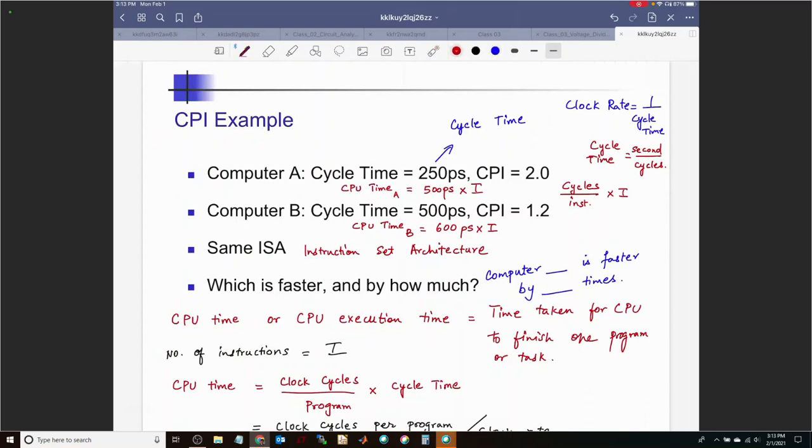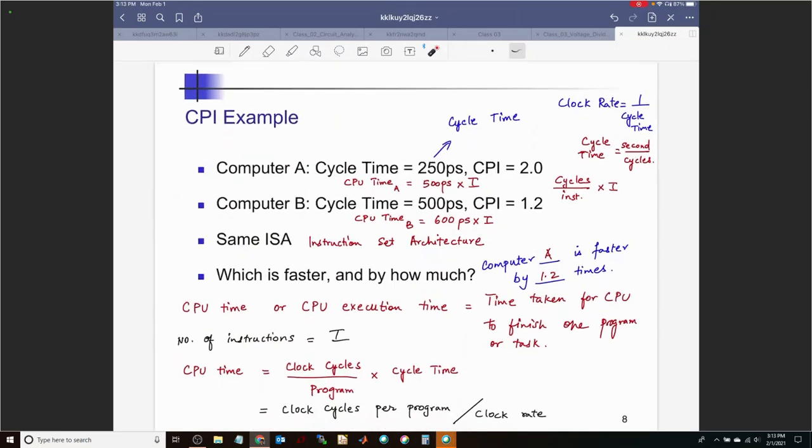By how many times? When you divided 600 picoseconds I by 500 picoseconds I, you got 1.2. Right, 20%. So in summary, don't just look at cycle time, don't just look at CPI, look at both the cycle time and the cycles per instruction in order to compute the CPU time for each computer, then compare.